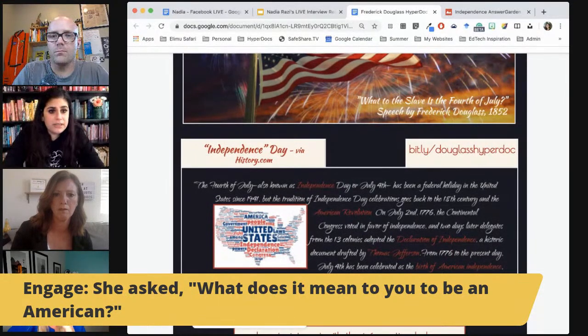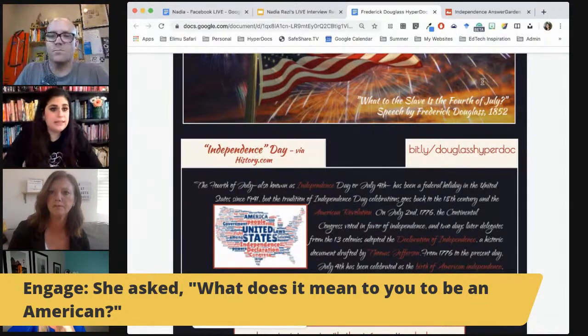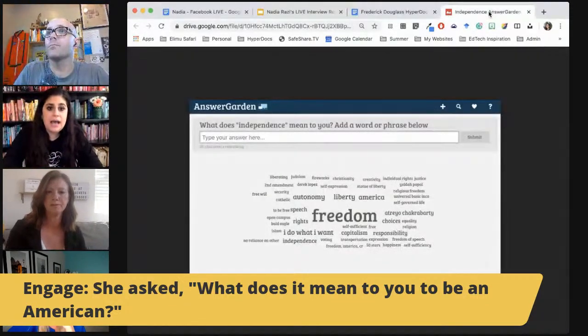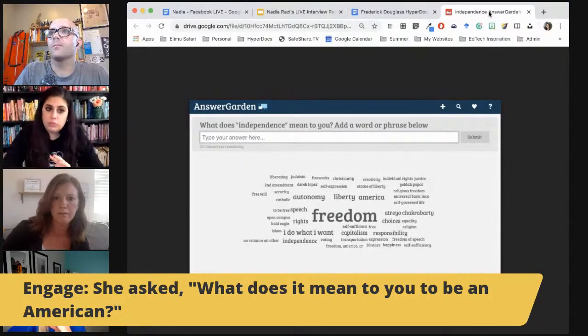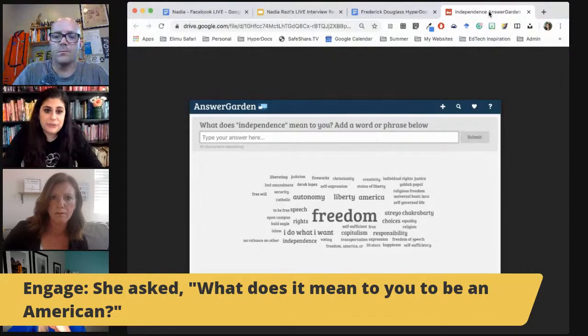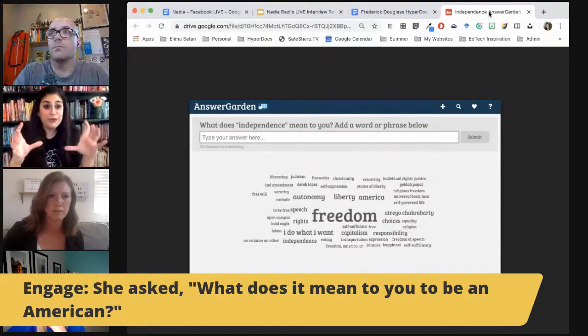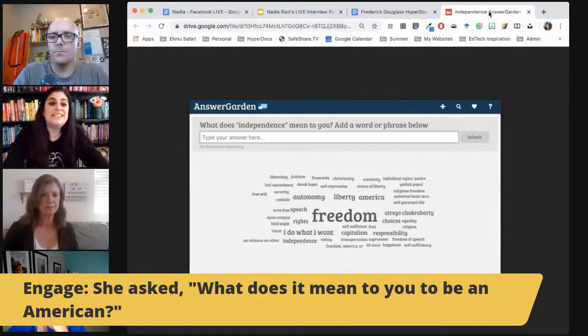First we used a tool called an answer garden. Students put in words or phrases that they associated with independence. You see in the middle where it says freedom, the more times a word or phrase is included in this answer garden, the bigger it gets. So freedom is one of the biggest ideas students associate with Independence Day.